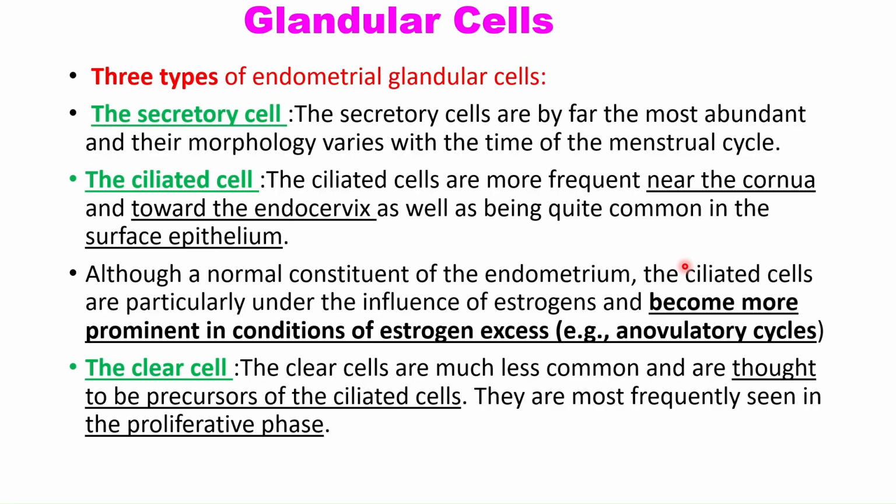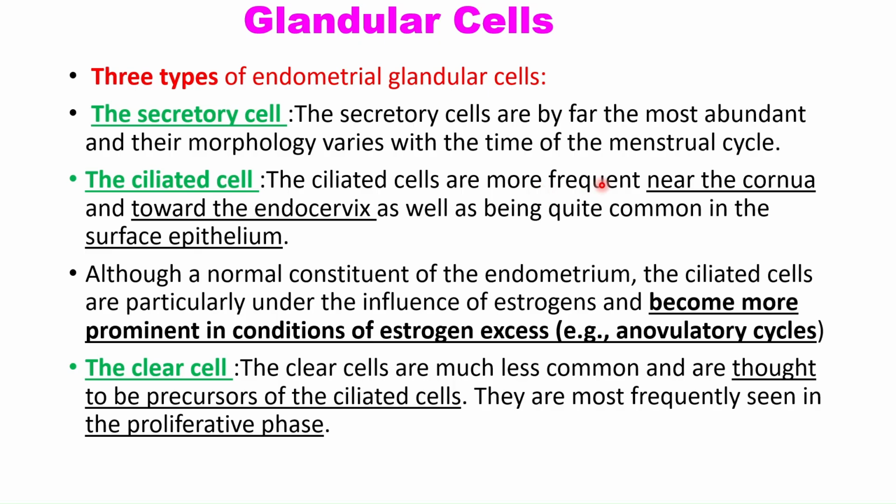Now let's see the different components of glandular cells we can appreciate in an endometrial biopsy. There are three types of endometrial glandular cells. One is secretory cells. These cells are by far the most abundant, and their morphology varies with the time of the menstrual cycle. Second is the ciliated cells.